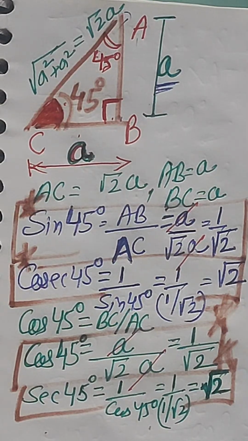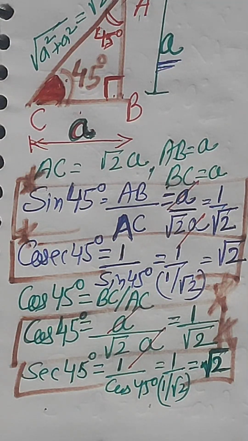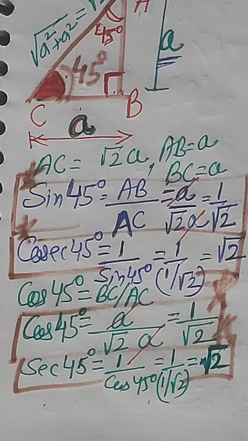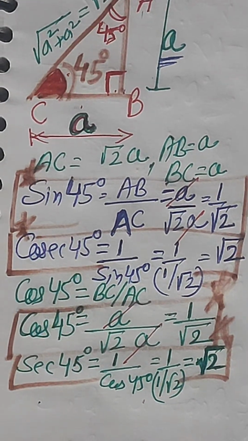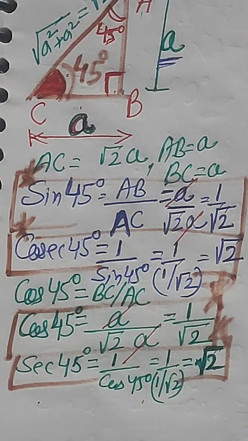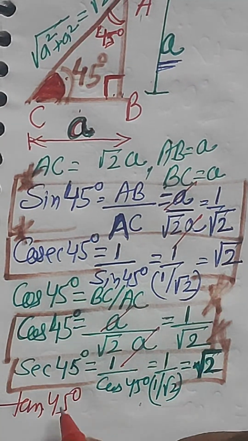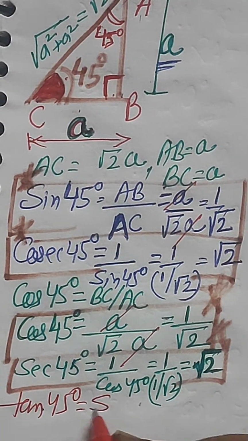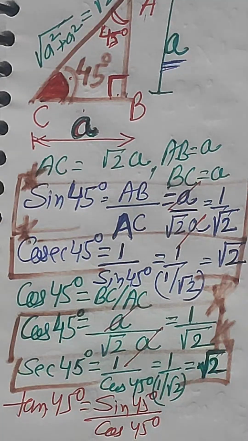So in this way we have calculated sine 45, cosec 45, sec 45, cos 45. Let us calculate tan 45 degree and cot 45 degree, right? To calculate tan 45 degree, just take the ratio of sine 45 degree and cos 45 degree.